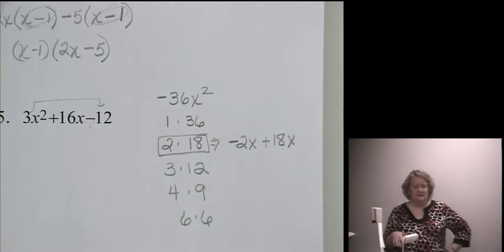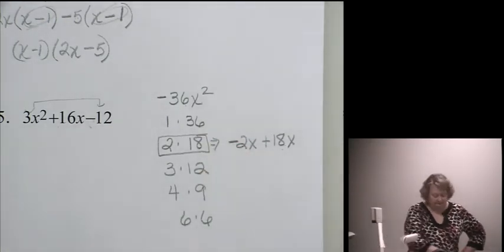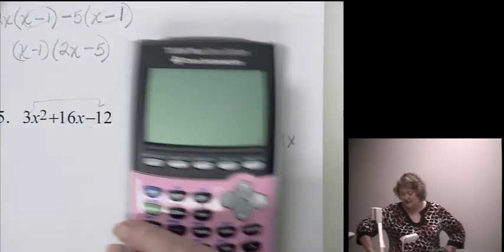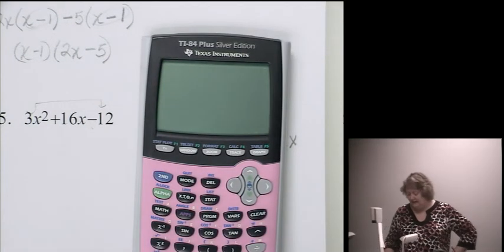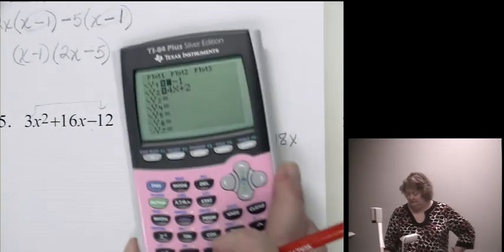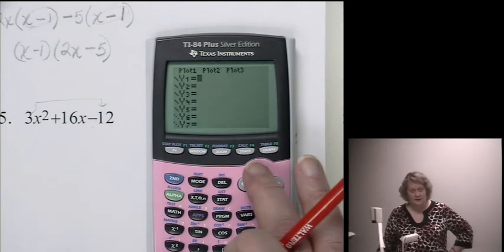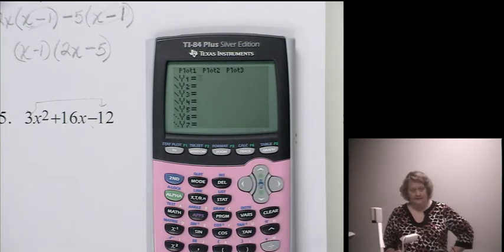Now, how am I going to get that? Well, with 36, there's an extremely long list. So one of the things you can do is use your calculator. You're going to go to y equals, clear out any old equations that you have, and type in the number that you have, which I'm going to type in as negative 36.